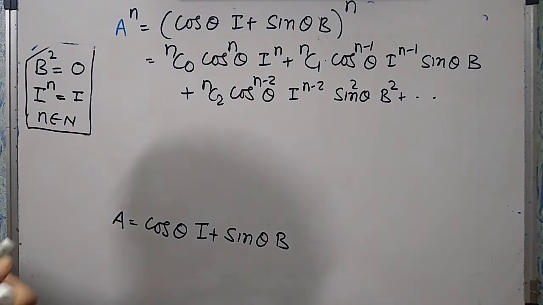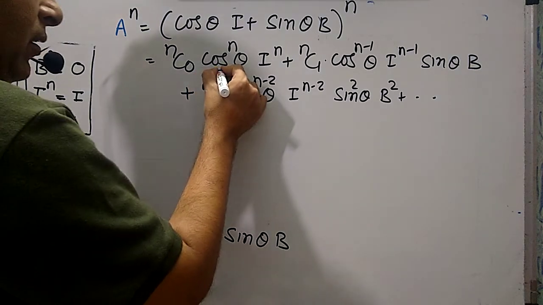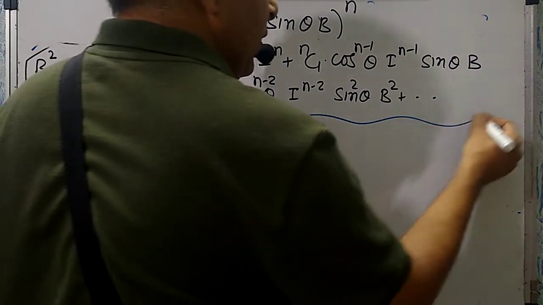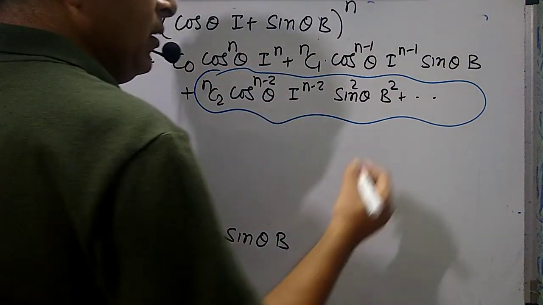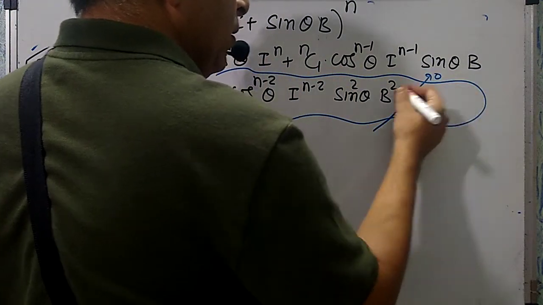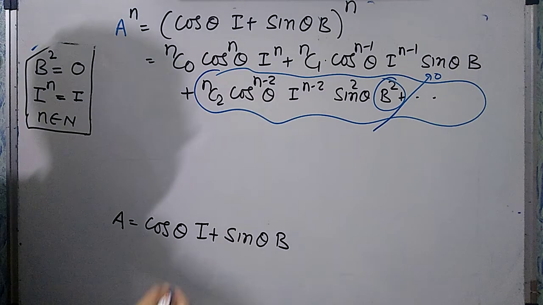So here we are observing that these quantities will be 0. Yeah, it is null matrix. Why? Because B square is null matrix.